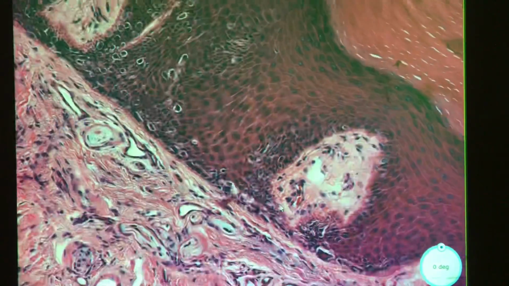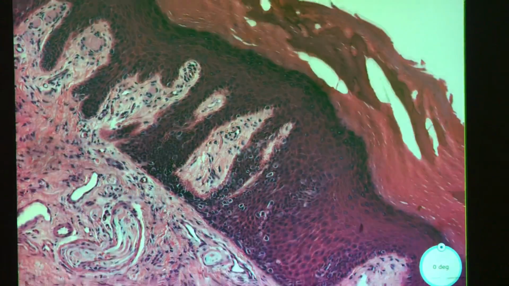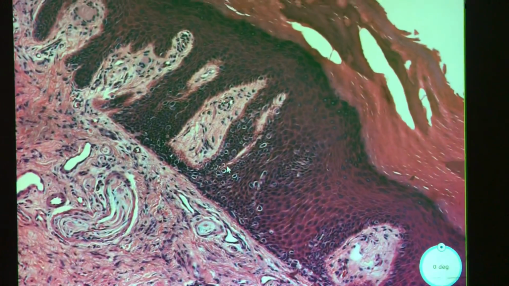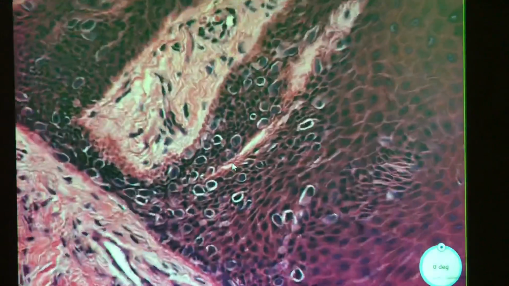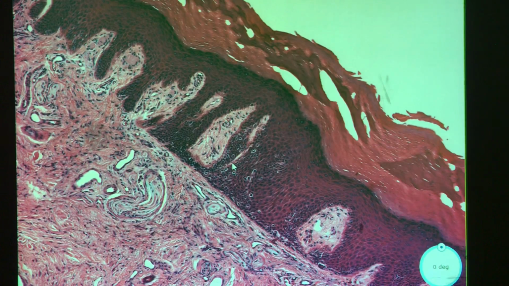So what's different about this case? What did we see in our previous cases? Where were the melanocytes? Epidermal. Well, this is epidermal too.